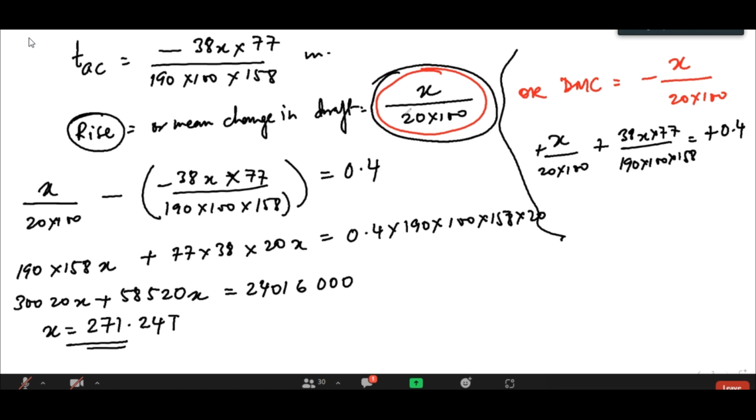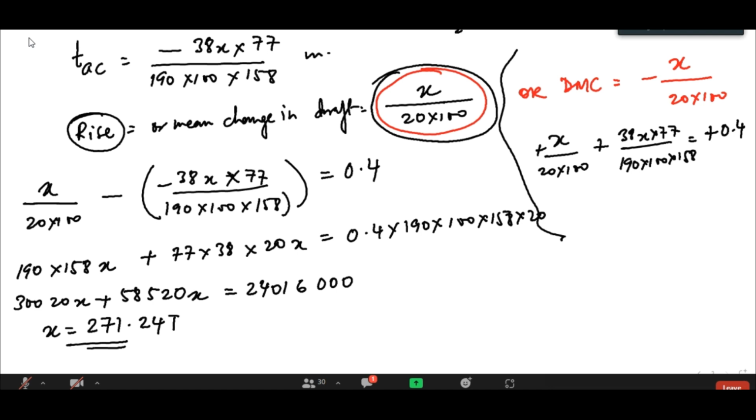If you are not sure of the concept of applying rise and sinkage, then better to use the DMC. Now, this using rise or sinkage, you have to be very very comfortable in doing that. Then only you can use rise or sinkage. But if you are not sure of that, then better to use the mean change of draft. Because my formula for mean change of draft is very very clear.